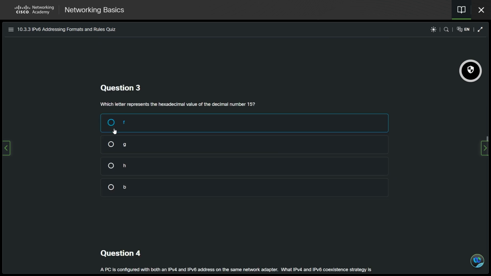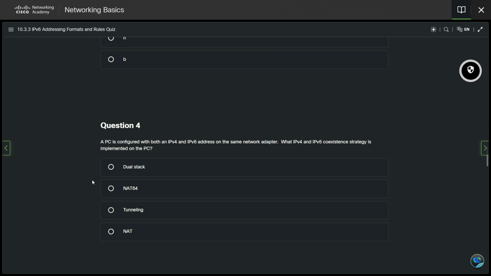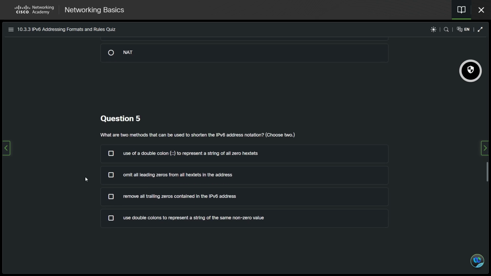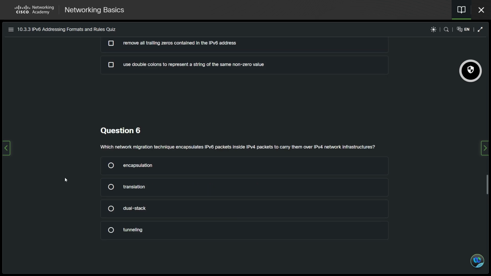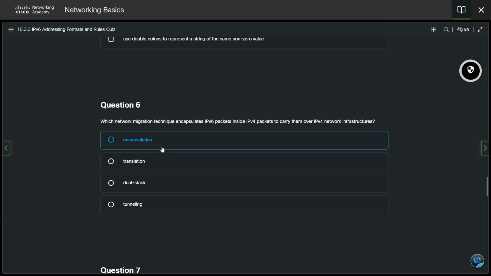Question 3. This is F. Dual stack. What are two methods? Which network migration technique encapsulates IPv6 packets?